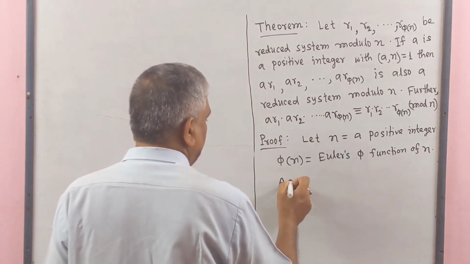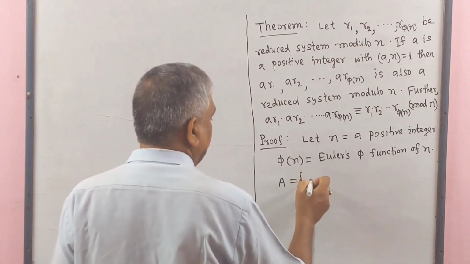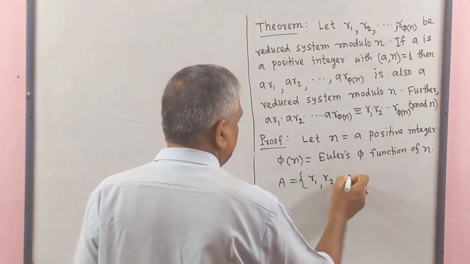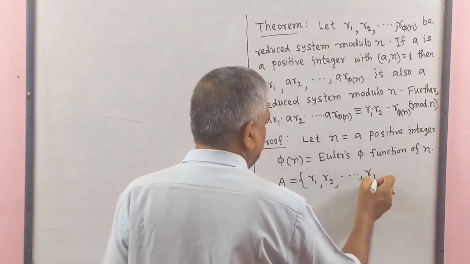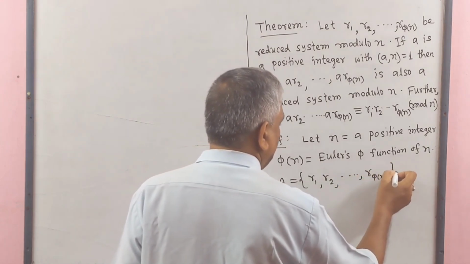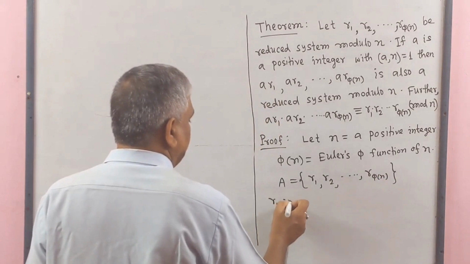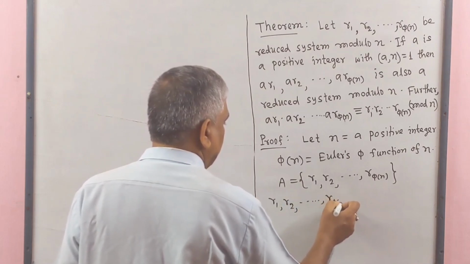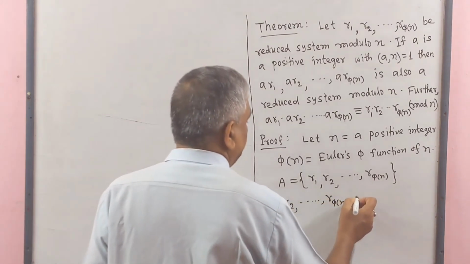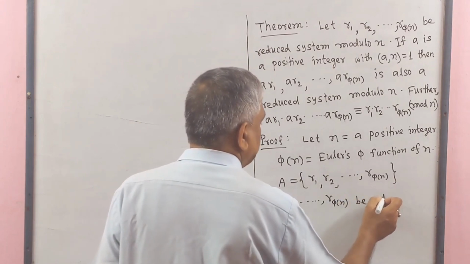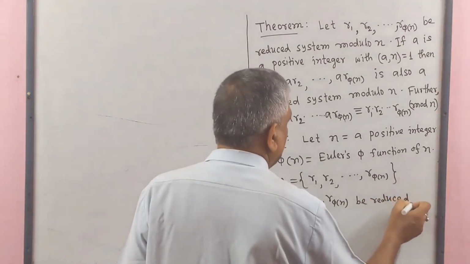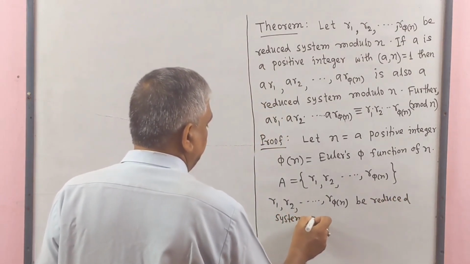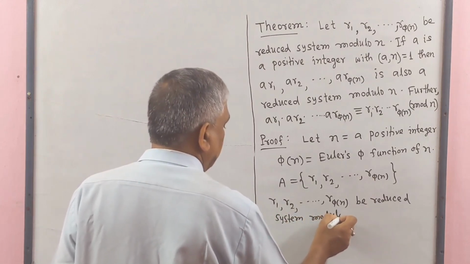Let A be a set containing integers r1, r2, ..., r phi n, and let r1, r2, ..., r phi n be a reduced residue system modulo n.